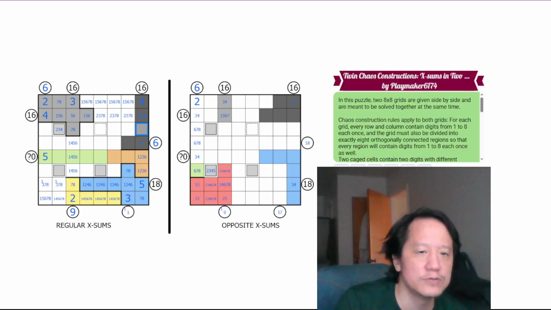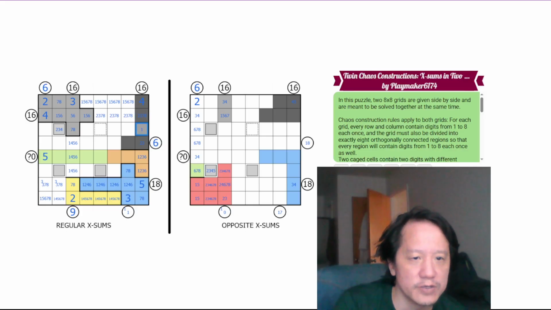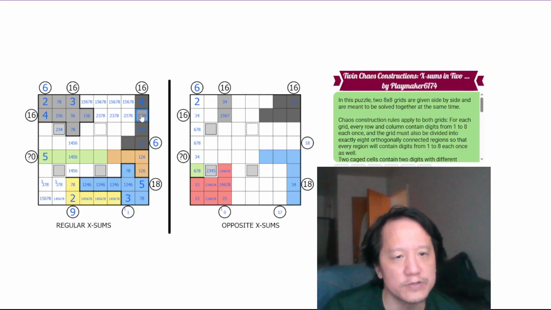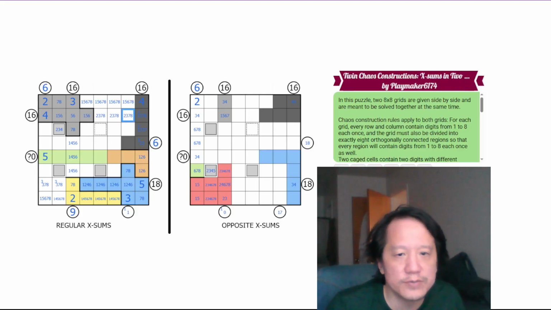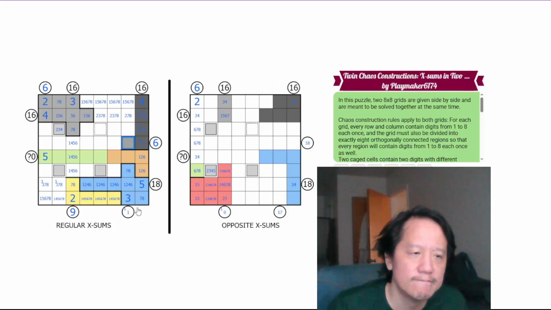It could be 1, cannot be 8 because there's no other place for the 8, or it's 2, 3, or 7 here. So 3 cannot be either of these. So this is either 1, 3, 8 or 2, 3, 7 here, which forces 3 to be here. 3 eliminates 3 from being here. So this cannot be 3.